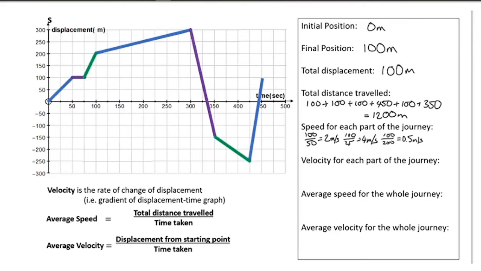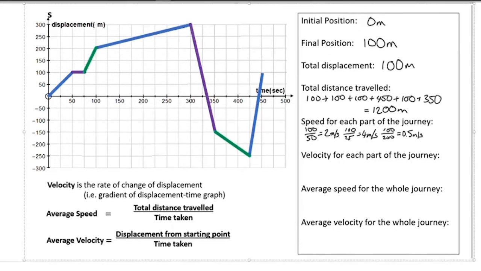Okay, this purple section, so this is the stage where we start to come back on ourselves and go towards the starting position. We'll talk more about that in a minute. The distance travelled is 450 meters, and the time it took is 50 seconds. So 450 divided by 50, 9 meters per second.